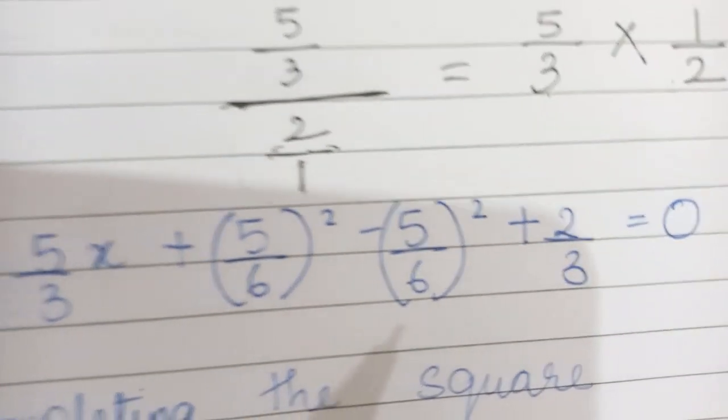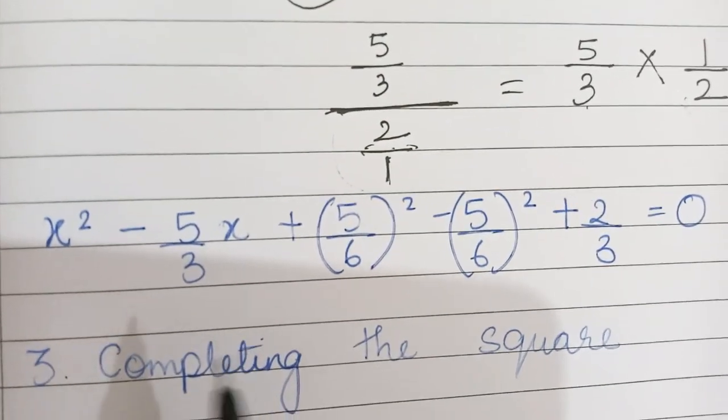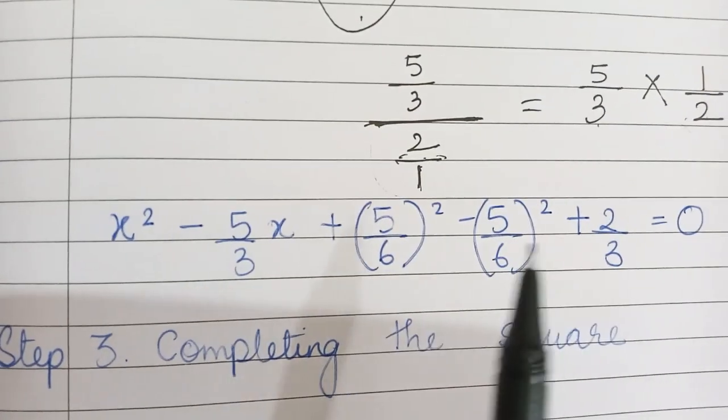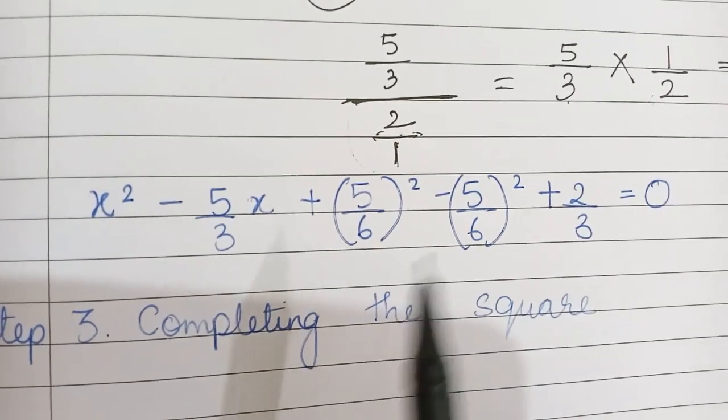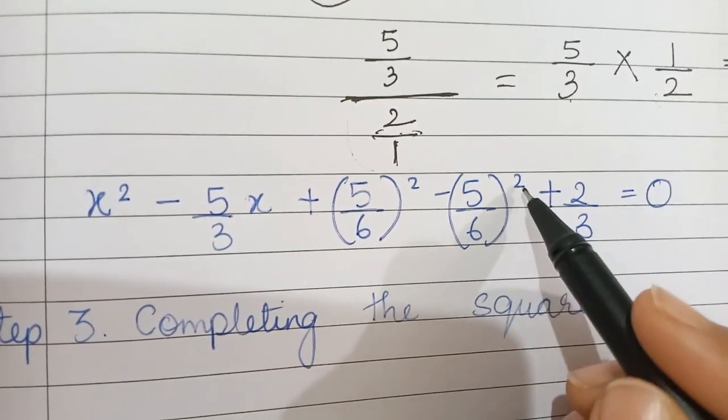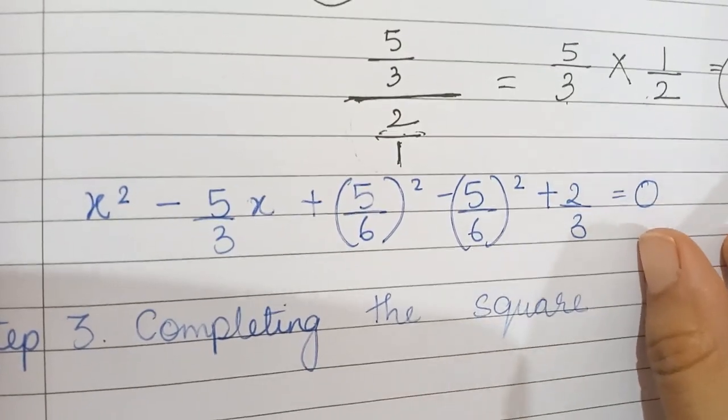See children, I'm going to tell you one more thing: rather than adding and subtracting, what you can also do is take this −(5/6)² and transpose it to the RHS.